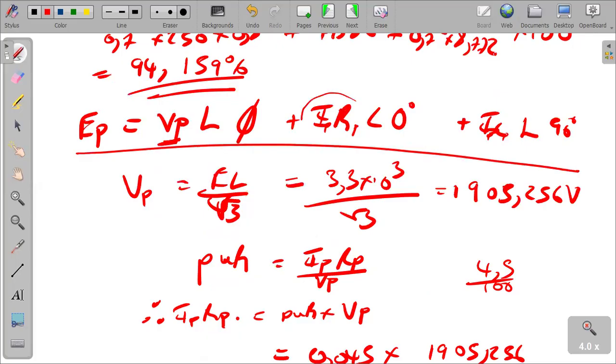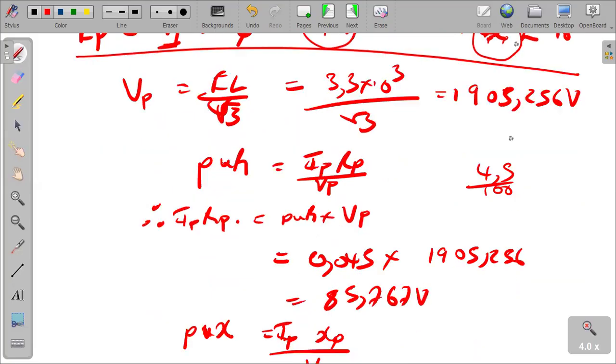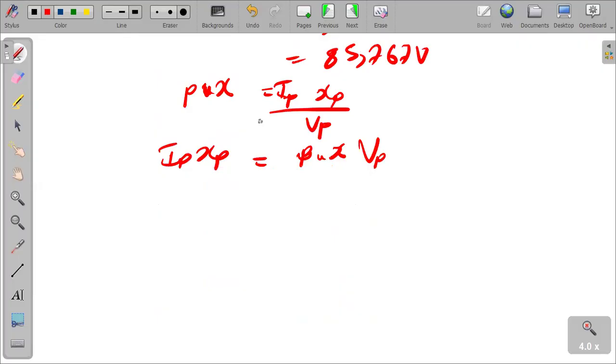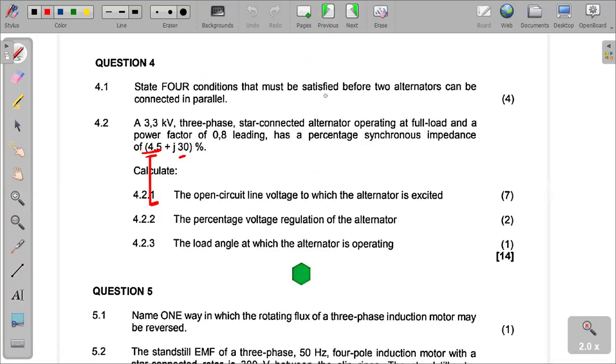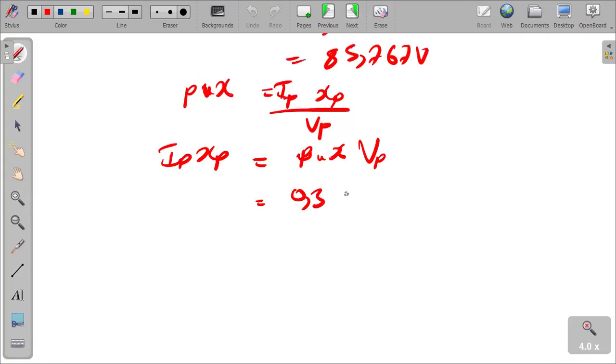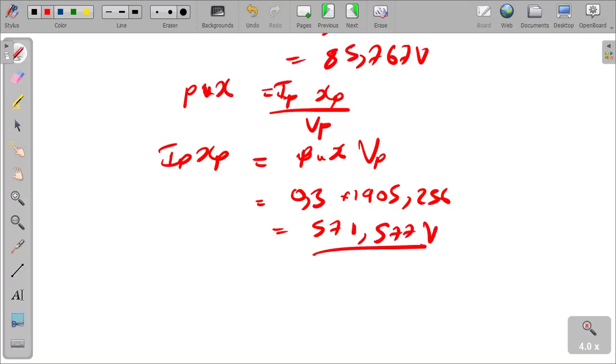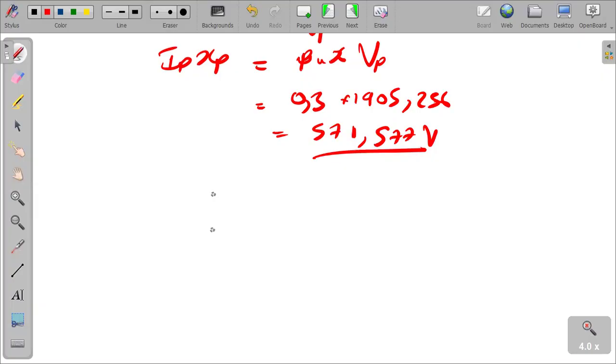So these are the ones we are calculating, IP RP and IP XP. We take 30, that's 0.3 if we divide it by 100, multiplied by 1,905.256 as usual, and that will give us 571.577 volts. So that is now our IP XP.